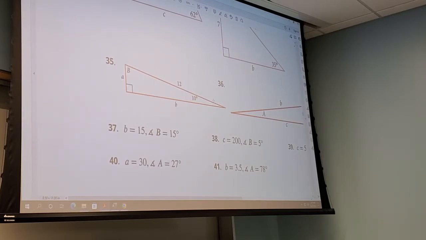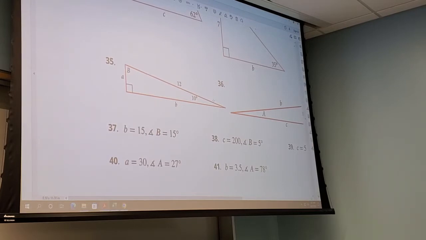Just round it. How can I get side B? Two ways to get side B now. Give me one way. Cosine. I can do exactly what we just did. Cosine of 10 would be B over 12.